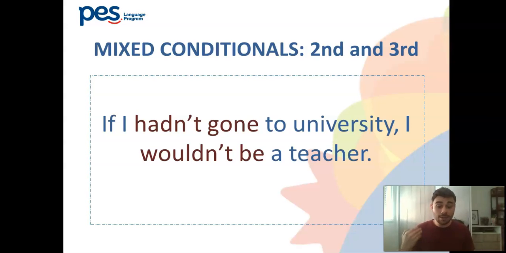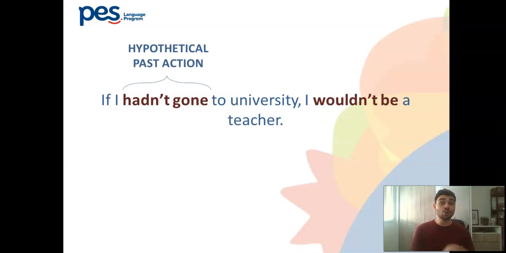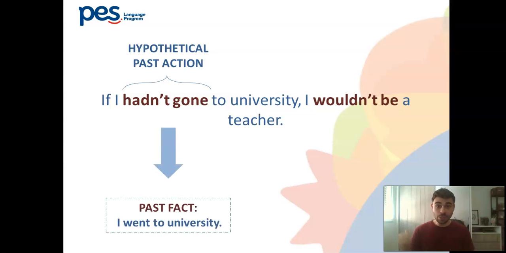Let's take an even closer look at this analysis. Here we have the same sentence. If I hadn't gone to university means that we're talking about a hypothetical past action, and it means that we have a past fact: I went to university.